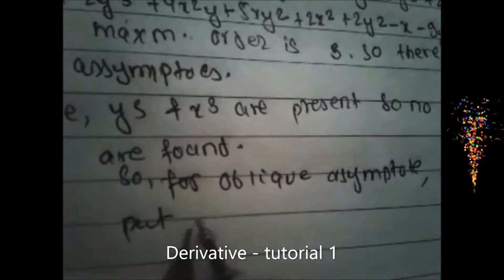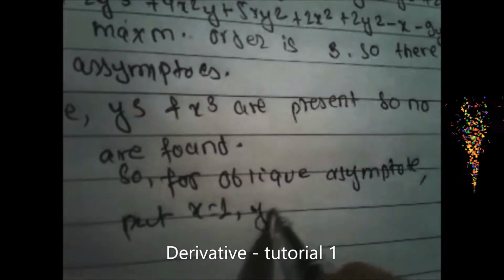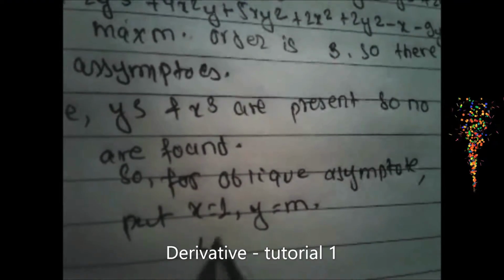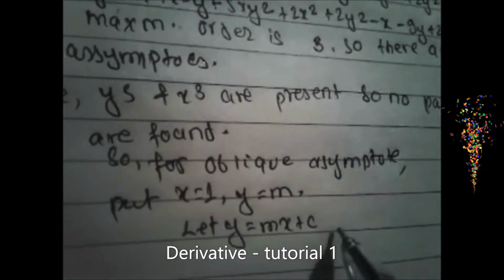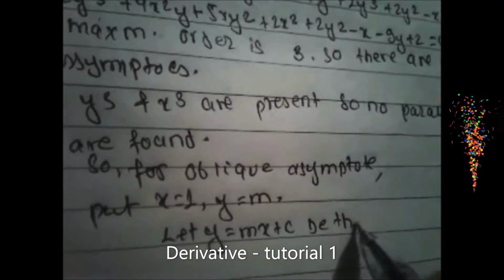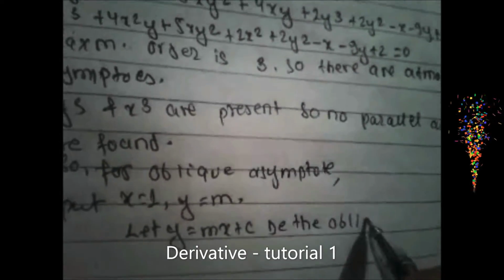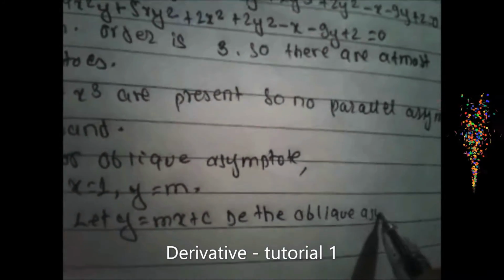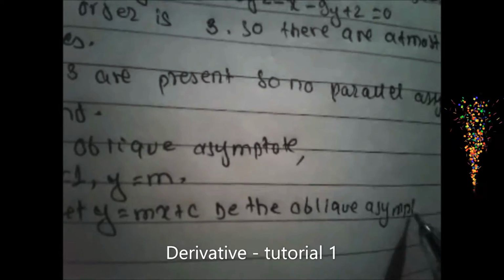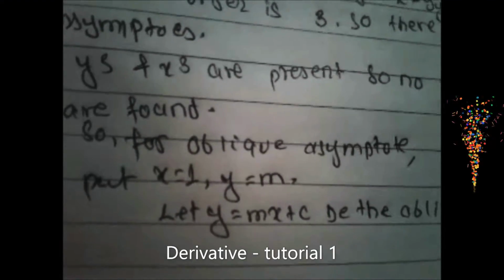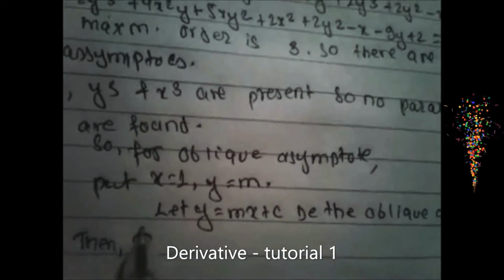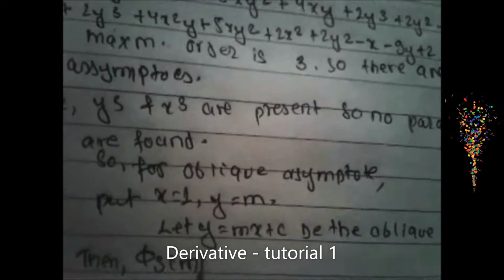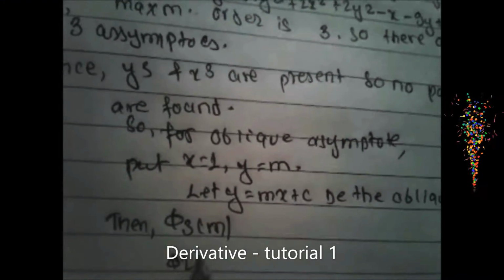put x is equal to 1, y is equal to m. Let y is equal to mx plus c be the oblique asymptote, then we can take phi 3 of m, phi 2 of m.